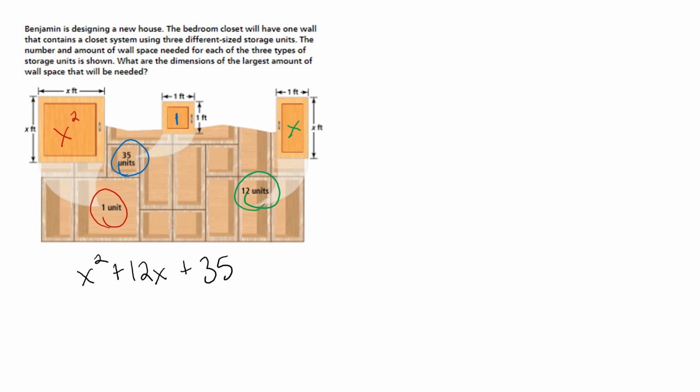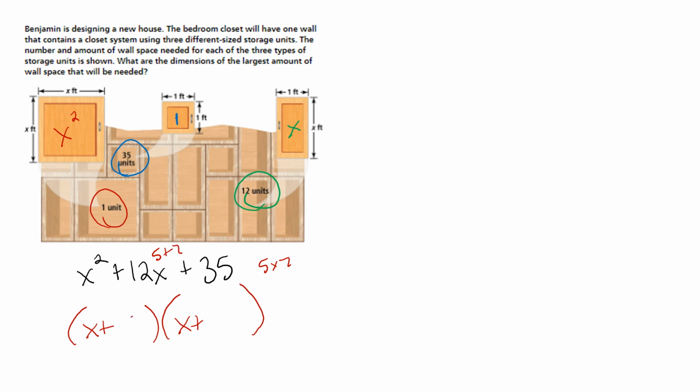So we can factor this. It's both additions, so we'll have x plus something, x plus something. What times what is 35? Well, 35, that's 1 times 35, or 5 times 7. 1 times 35 isn't even going to be close, but 5 times 7, 5 plus 7 is 12.